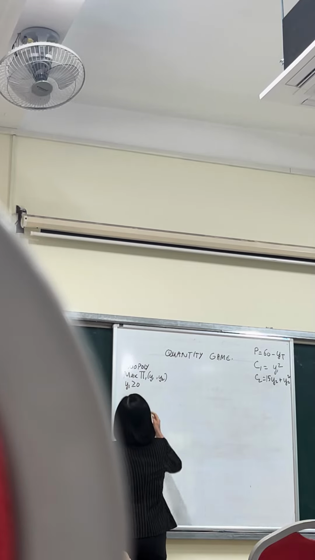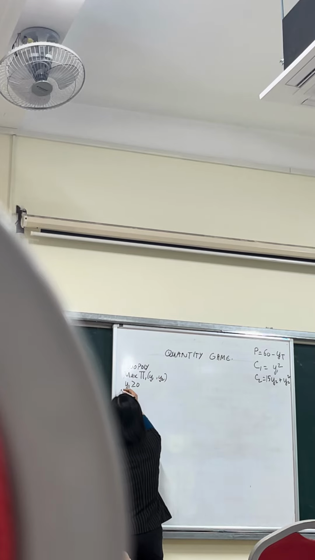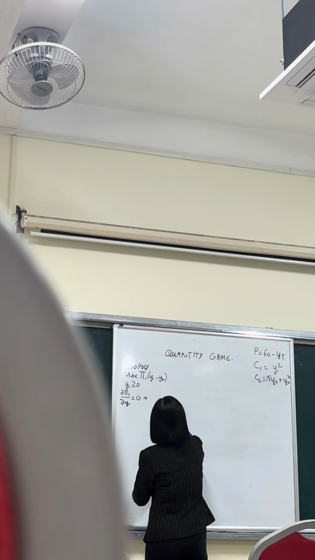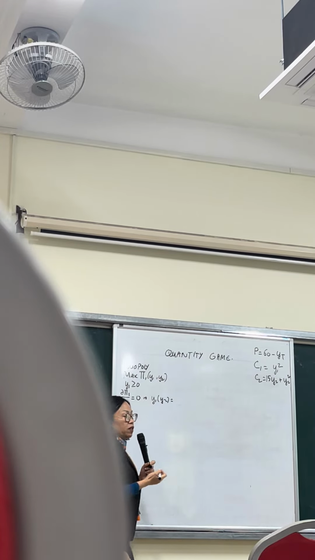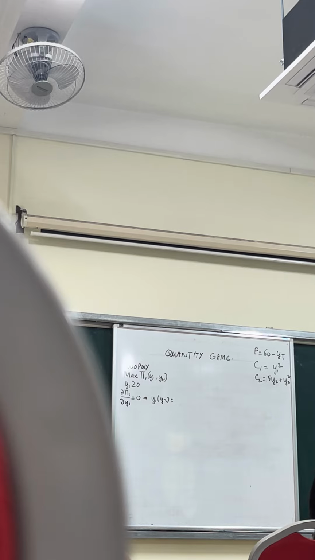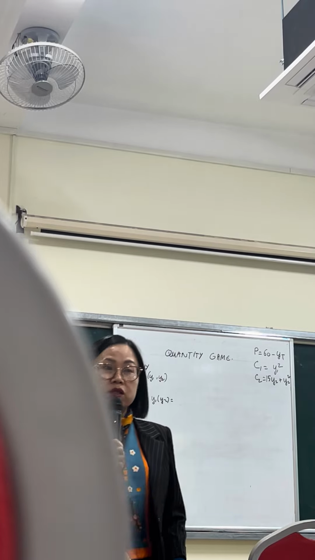Once you write it down, take d pi 1 over dy 1, set it equal to 0. And then you are going to write y1 as a function of y2, and give me that equation.